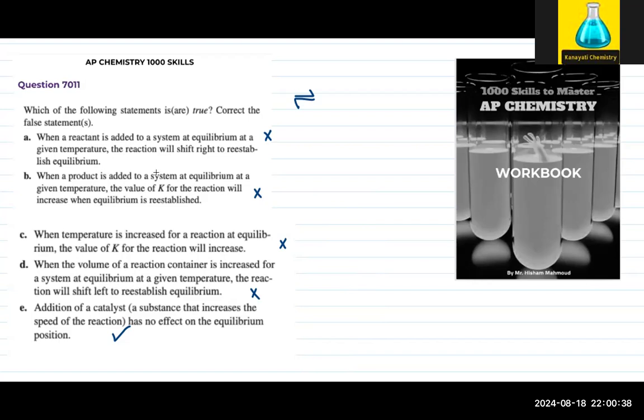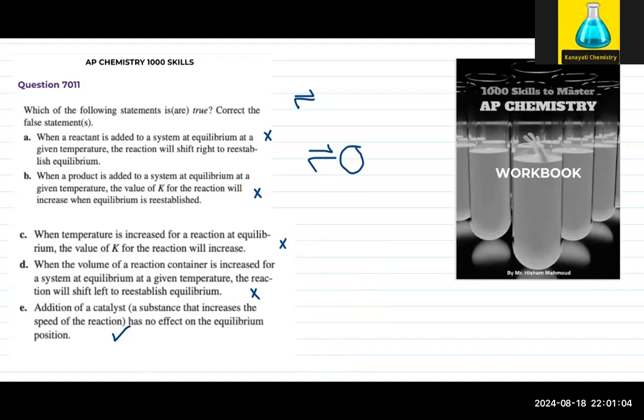So when a product is added to a system at equilibrium at a given temperature, the value of the K for the reaction will increase when the equilibrium is re-established. Imagine I have added a certain product at a given temperature, and this says that the value of K will increase when the equilibrium is established.